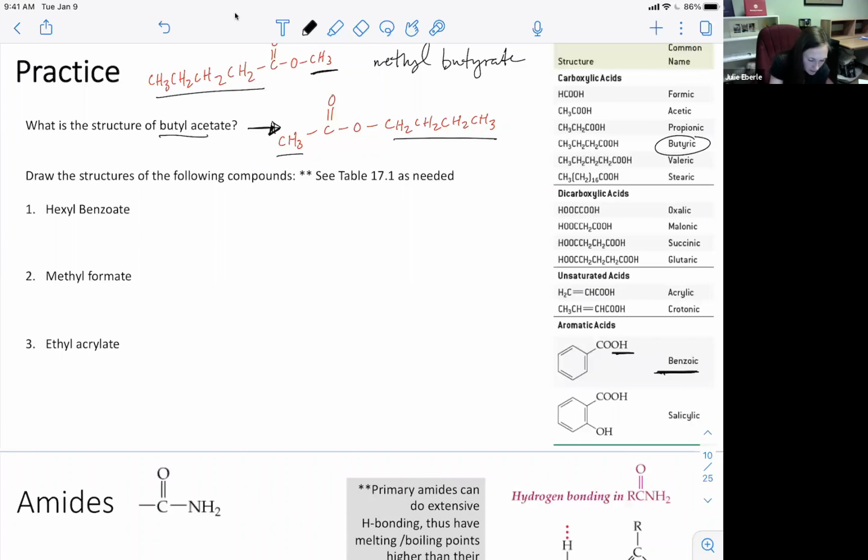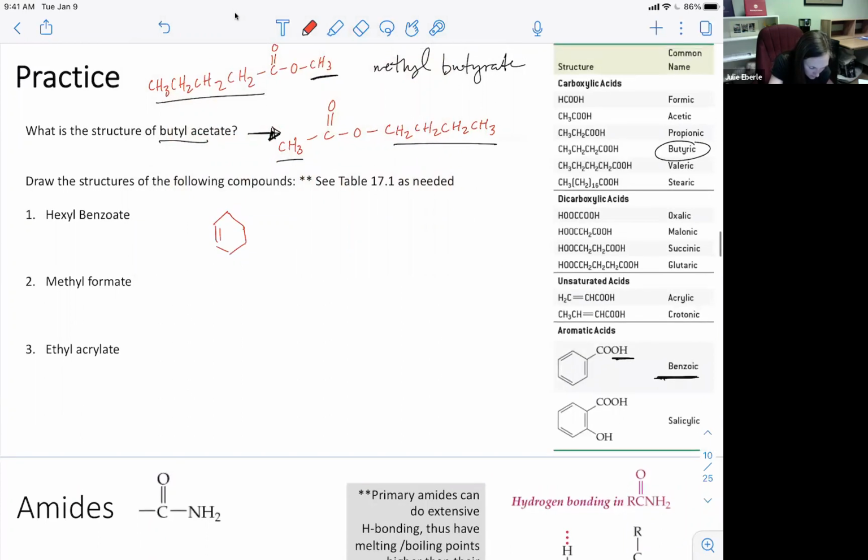So I'm gonna start drawing this. Okay, so we got the carbon, double bonded to the oxygen, and here's the ester part. Now I need to draw a hexyl group. A hexyl is just a 6 carbon substituent.